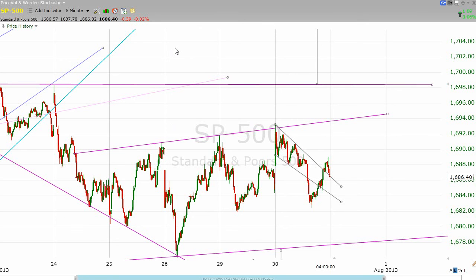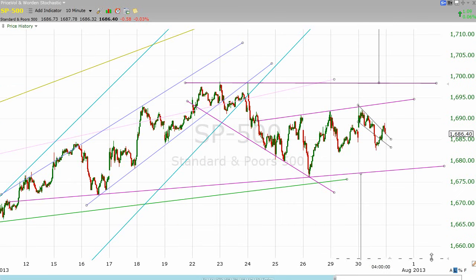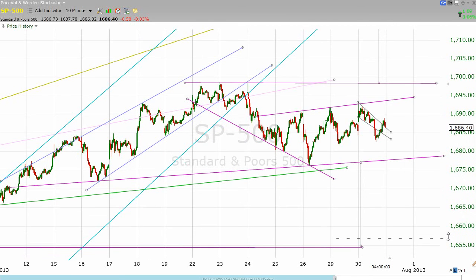So I still think we have two lines that make sense for tomorrow, and that is, again, this lower line. And if it breaks, look for the 1650s as a minimum, because that would be the height of the head of this pattern.